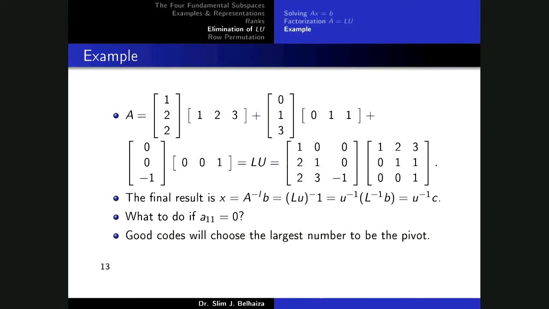One of the things I was trying to do when we left was to share with you the way we can build the code to get this LU elimination.